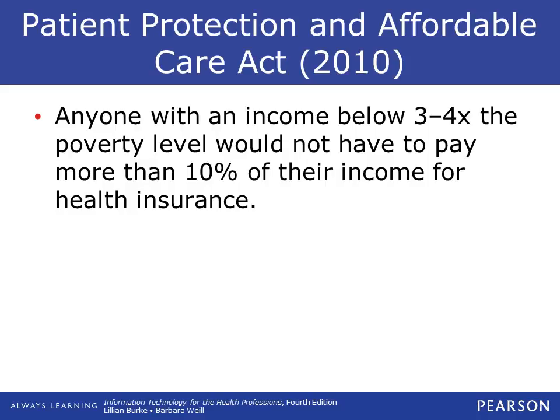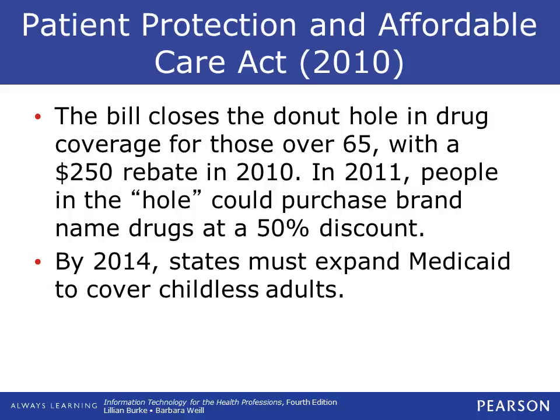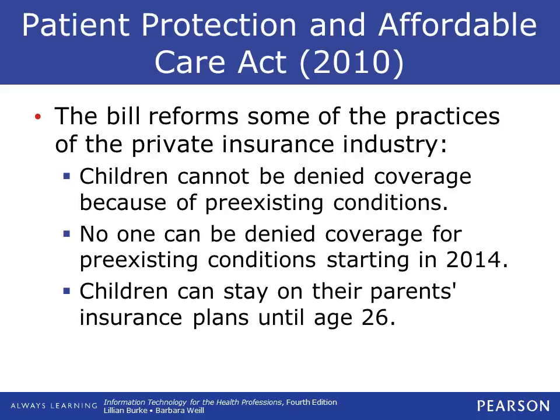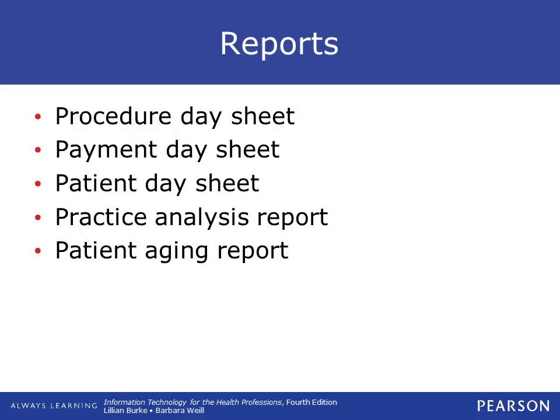Anybody who had an income 3 to 4 times the poverty level would not have to pay more than 10% of their income for the health insurance. These are the things that were factored into the law that was passed. Children could not be denied coverage because they had a pre-existing condition, and children can also stay on their parents' insurance plan until they were the age of 26.